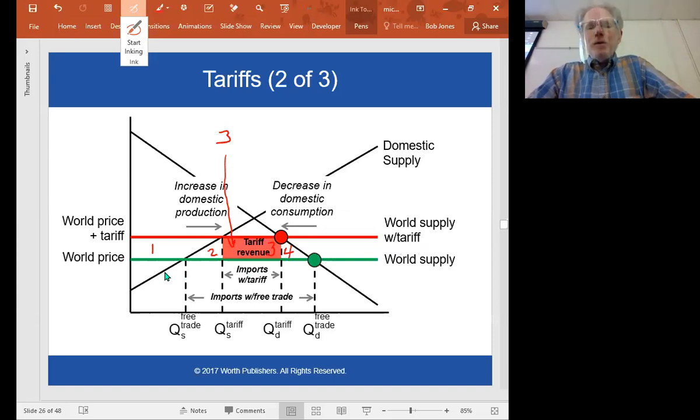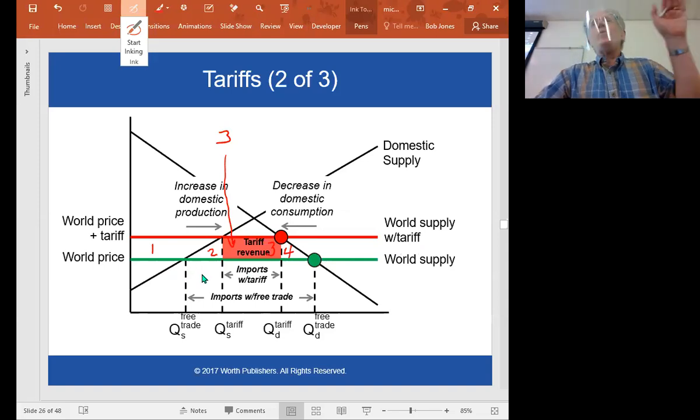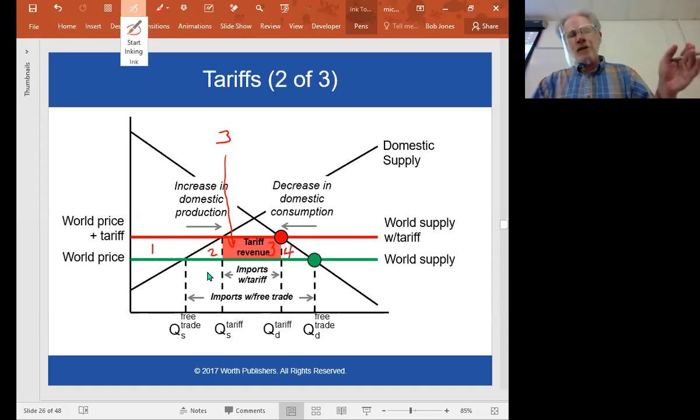How do we determine by how much they are affected? Well, consumer surplus. All we have to do is ask, when we have free trade, where is the consumer surplus? And when we impose the tariff, where is the consumer surplus? And then compare the two.